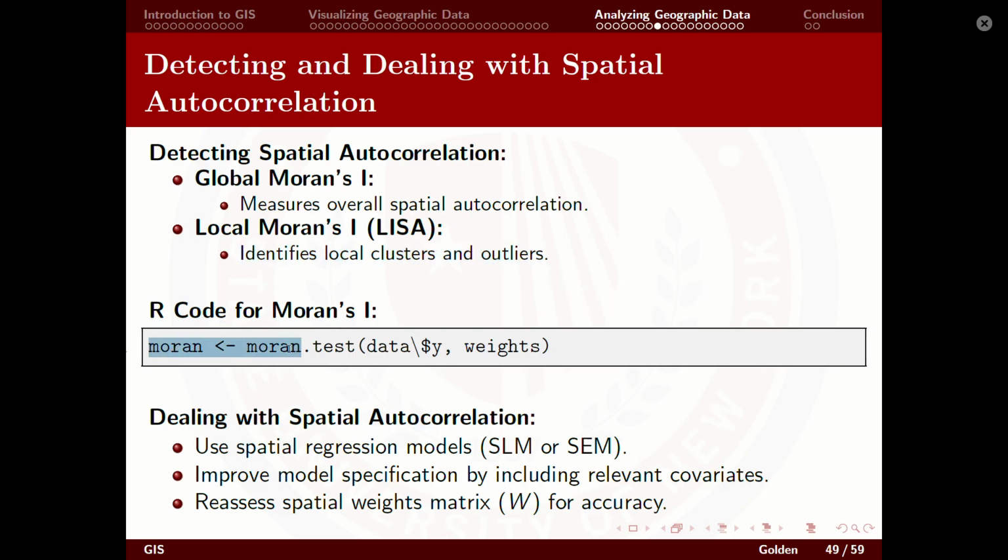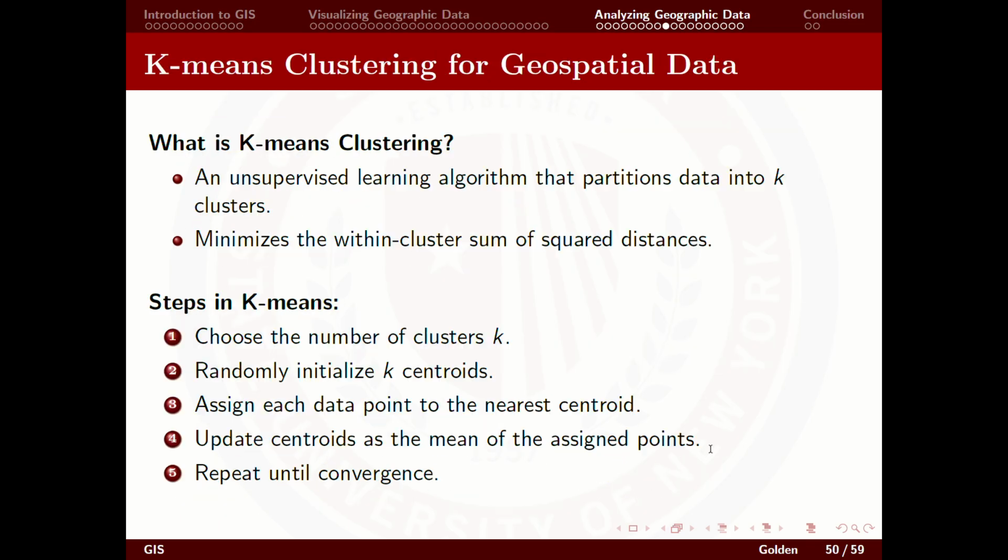And here's just the code for that in R. You call moran.test, then you give the data of your Y variable, and then your weights, and then you can deal with this with the models we talked about before. You create your weighting matrix and then use a spatial lag model or spatial error model.